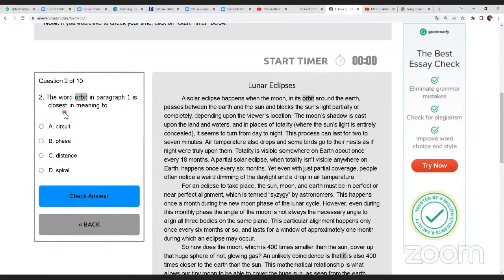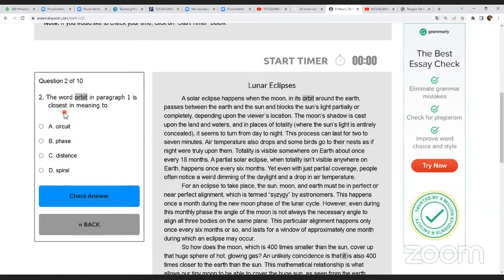And the second question, the word orbit in paragraph 1 is closest in meaning to A, circuit, B, phase, C, distance, or D, spiral. What do you think? Around the earth. Distance?